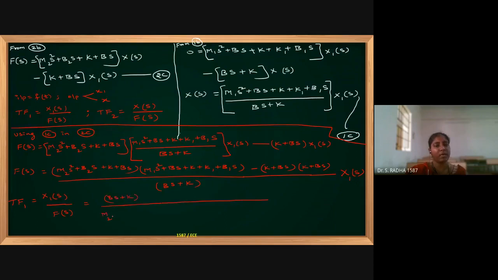I have two terms: m2s square plus b2s plus k plus bs into m1s square plus bs plus k plus k1 plus b1s, minus k plus bs whole square. This is the first transfer function. I am giving it the name equation 3. This is one method, one transfer function completed, TF1 completed.